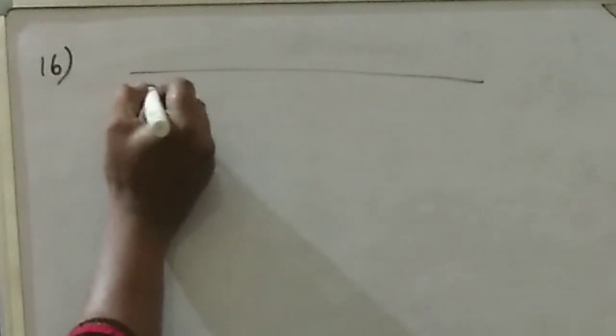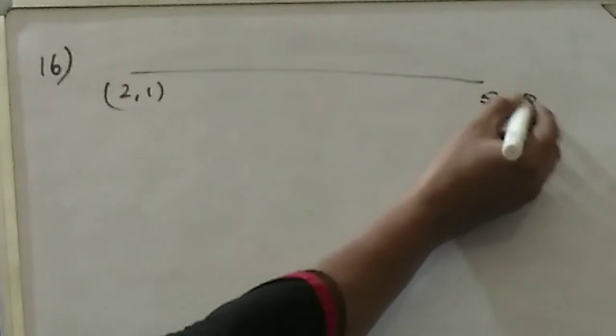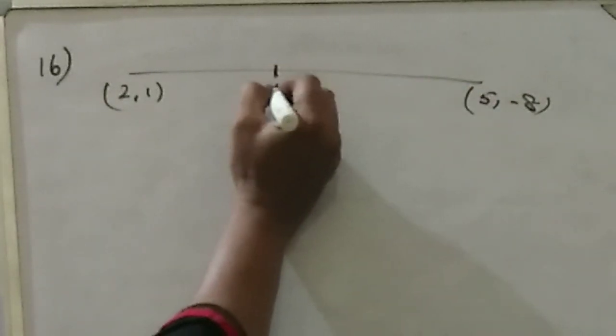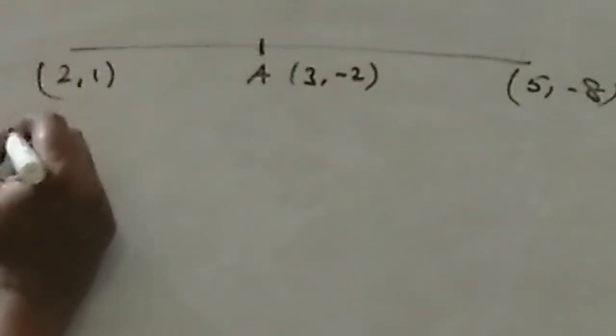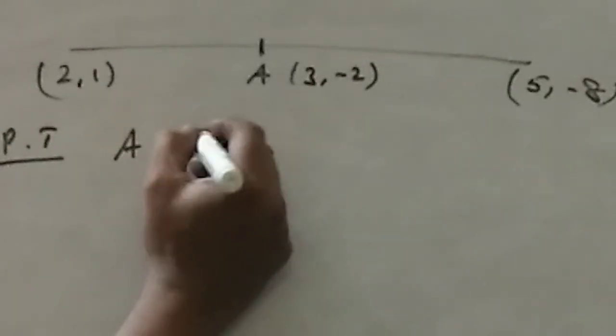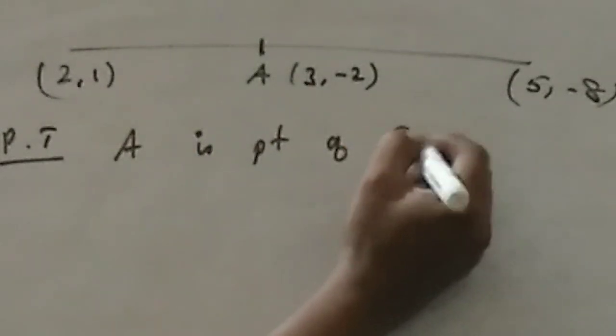The next question, question number 16. Show that A (3, -2) is a point of trisection of the line segment joining the points (2, 1) and (5, -8), and this is A. What is A? 3 and minus 2. They said prove that A is the point of trisection.